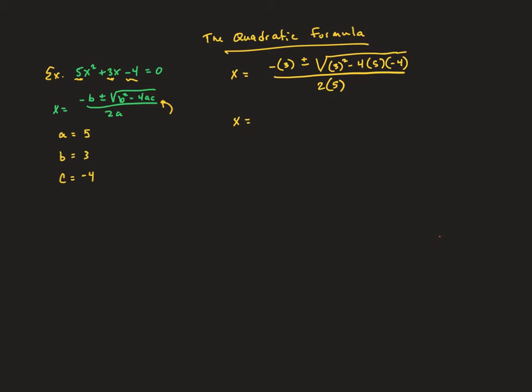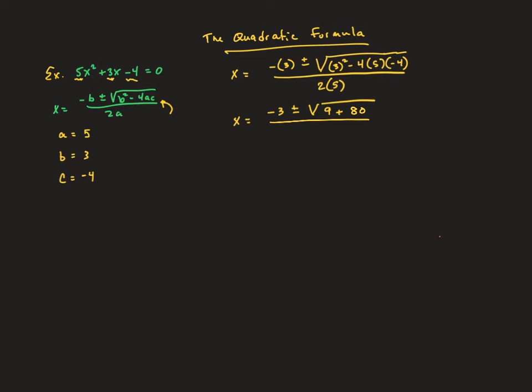So x is going to be equal to negative 3 plus or minus the square root of 9 plus, because I have a negative 4 times 5 is negative 20, and then negative 20 times negative 4 is going to give me a positive 80. So there's going to be plus 80.